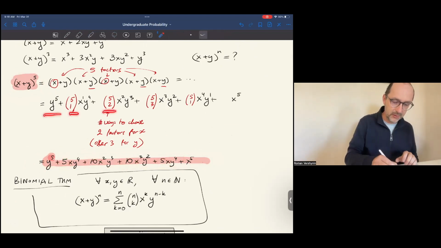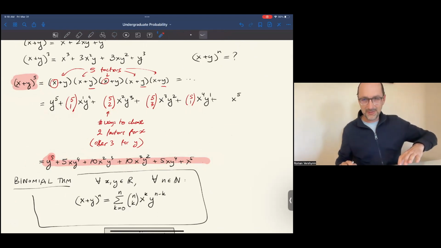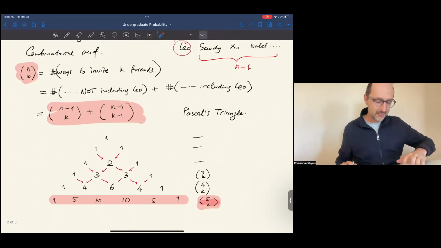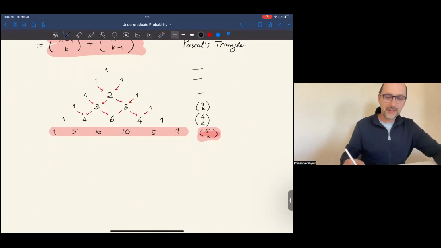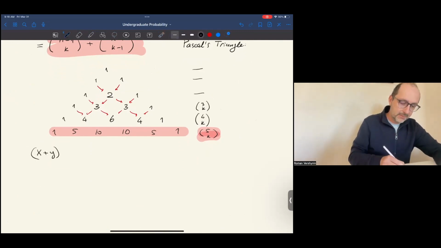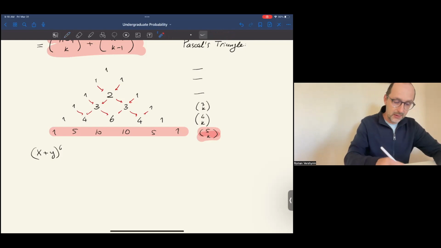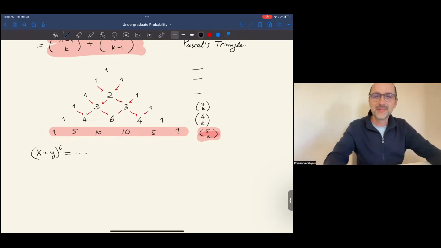All these binomial coefficients at level 5. To practice with this, expand x plus y to the 6th. What will be the binomial coefficients here? Compute them from the binomial triangle by summing like this. Have fun.